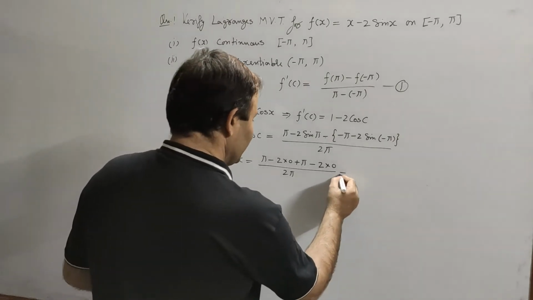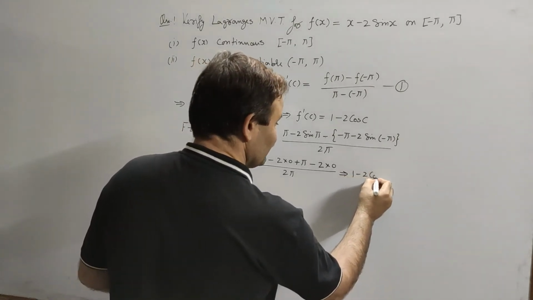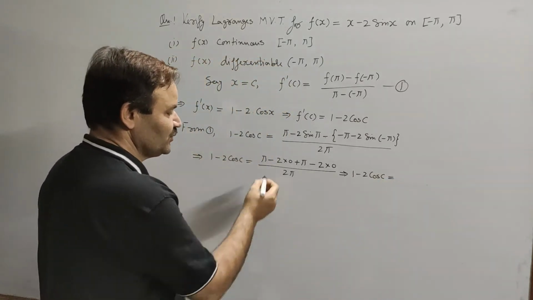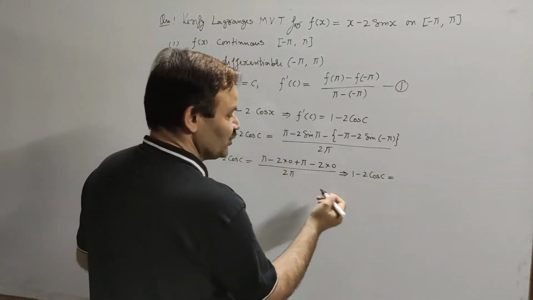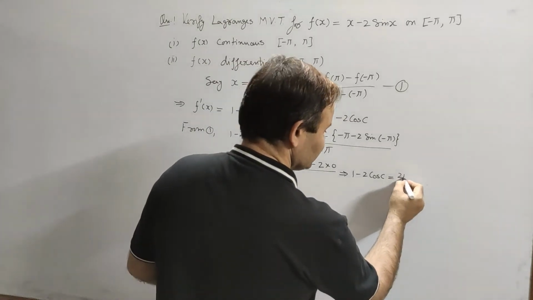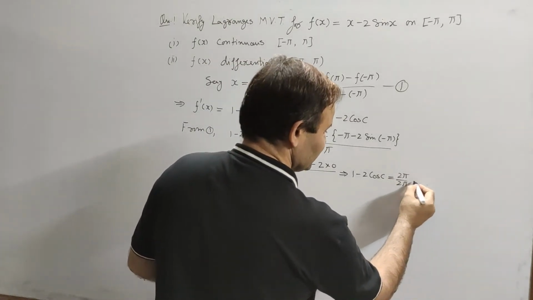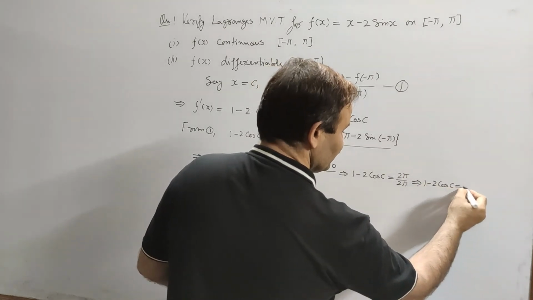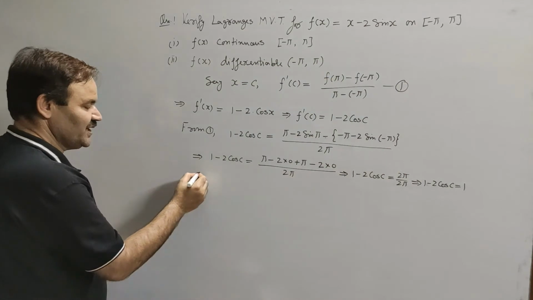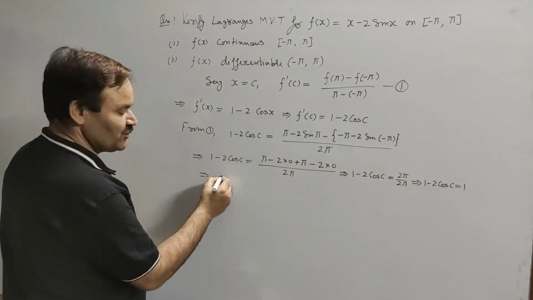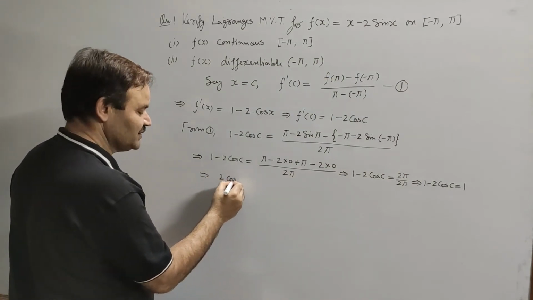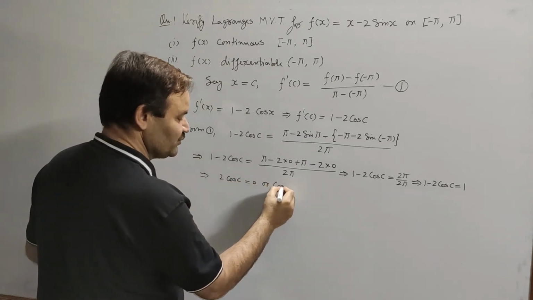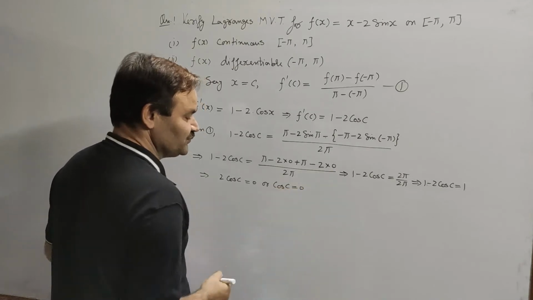This implies 1 minus 2 cos c is equal to 2 pi upon 2 pi, which implies 1 minus 2 cos c is equal to 1, which implies 2 cos c is equal to 0, or cos c is equal to 0.